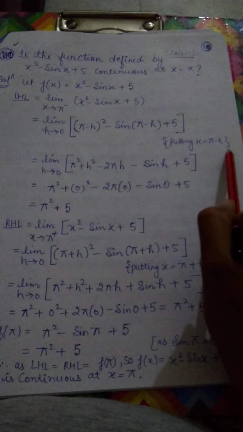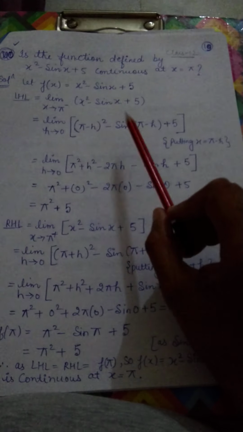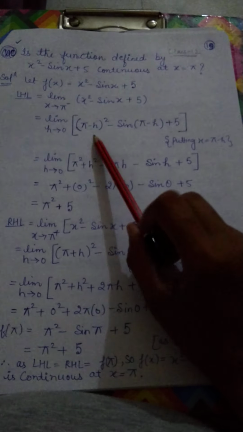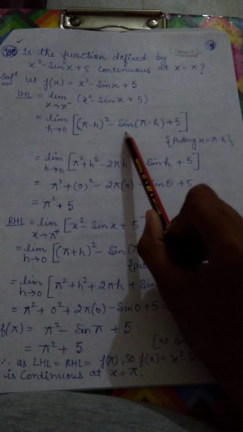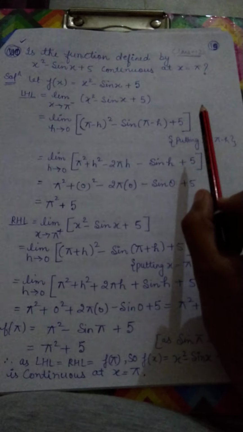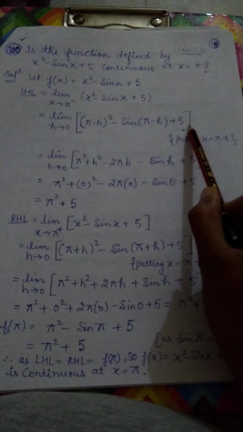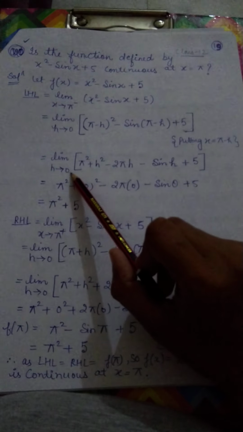When I have put this, what will I get? I will get (pi minus h) square, then sine (pi minus h), and then plus 5. Clear? Now I am moving to h tends to 0.